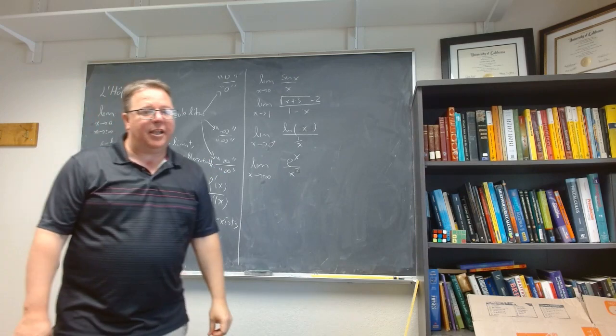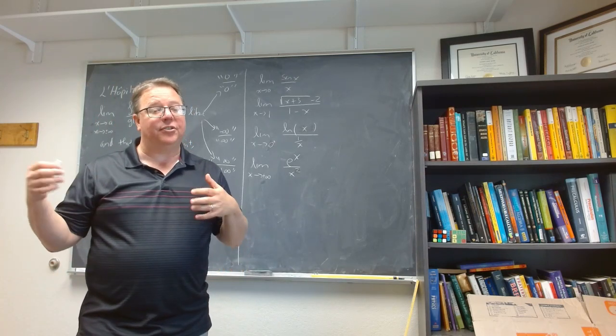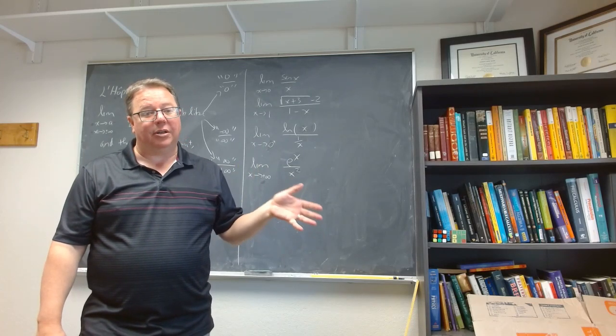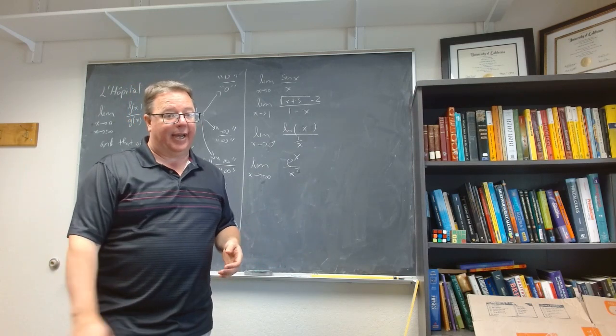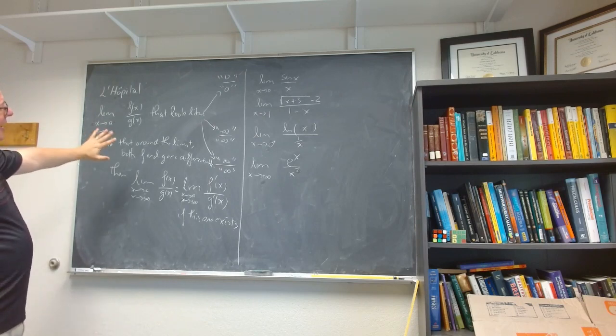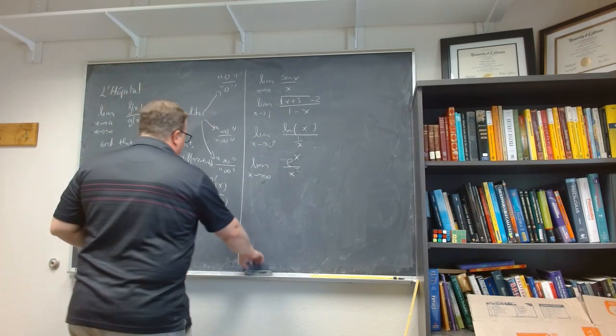In the second video, I'll show you how to use this for expressions that don't at first look like you could use L'Hopital's rule. You end up using L'Hopital later as you do some algebraic tricks first to set it up. So let's go ahead and see how we use L'Hopital's rule to solve all four of these.